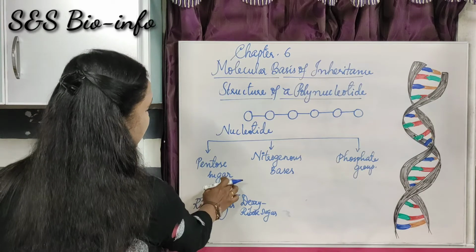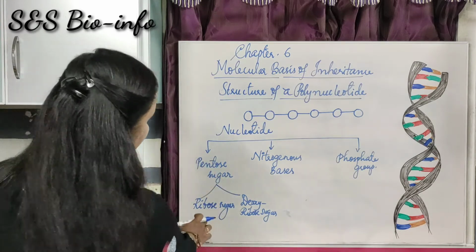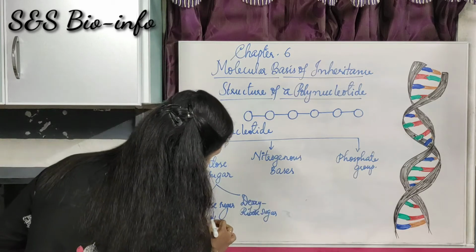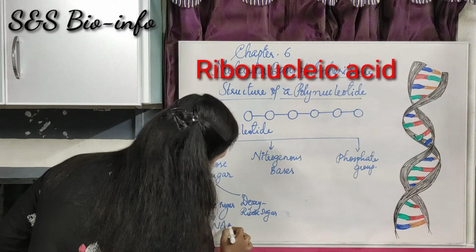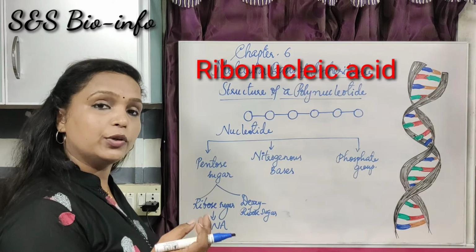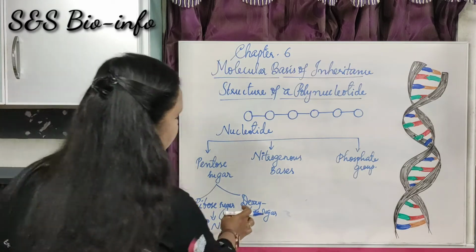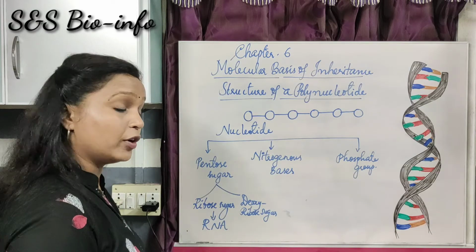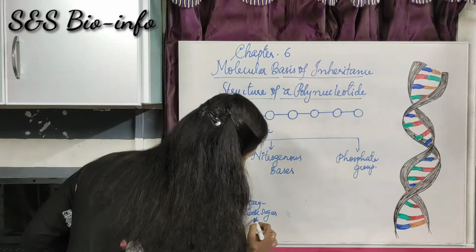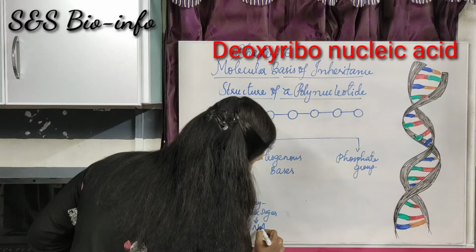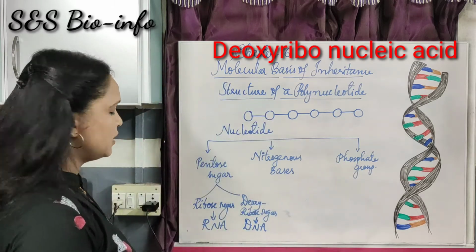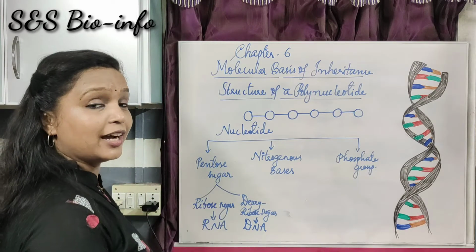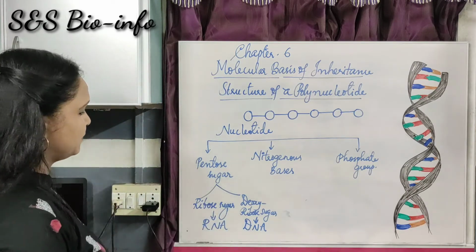That's why it is known as pentose sugar. The ribose sugar is the sugar that is present in the RNA. RNA is ribonucleic acid. The deoxyribose sugar is present in another nucleic acid or polynucleotide, that is DNA, deoxyribonucleic acid. So both RNA and DNA are polynucleotides as well as nucleic acids.